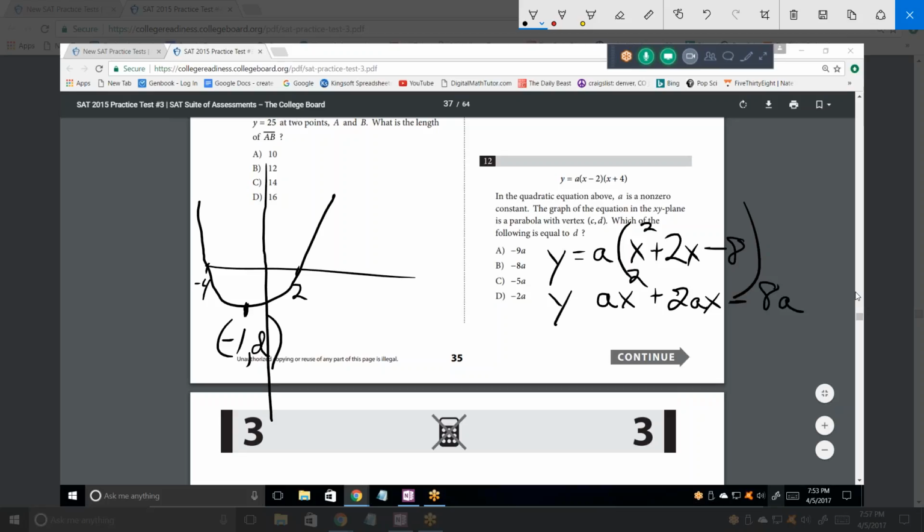So there's our equation. And we know that when x is 2, y is 0. So I'll make y 0, I'll make x 2, and that gives us this.